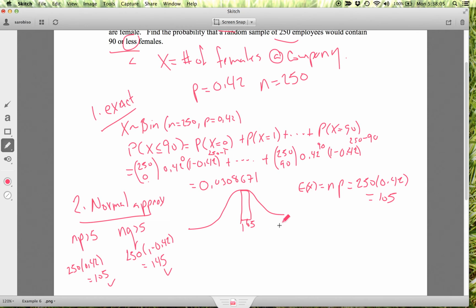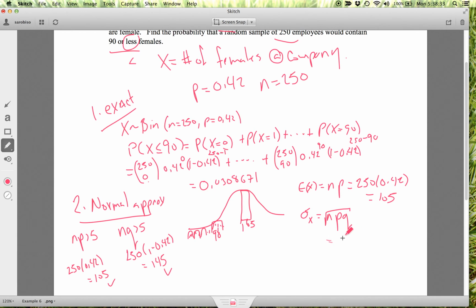That is the middle value. Of course, we want to find the probability of being less than or equal to 90. So we want all of these rectangles up to and including the 90 rectangle. We'll also need the standard deviation of a binomial, which is the square root of n times p times 1 minus p, which is called q.